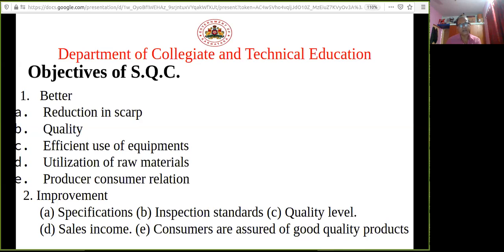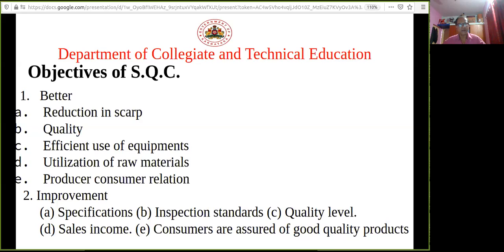We are going to maintain the materials and the equipment. The maintenance of the equipment is a very important aspect in statistical quality control. When you maintain the equipment, naturally the efficiency of these equipments will be better. That's why there is better utilization of the equipment.